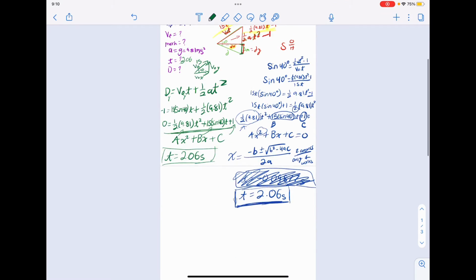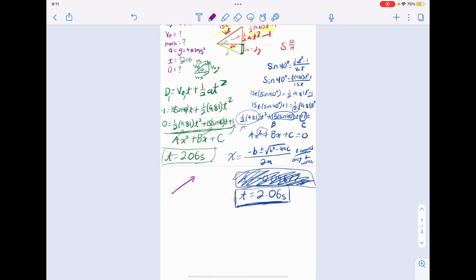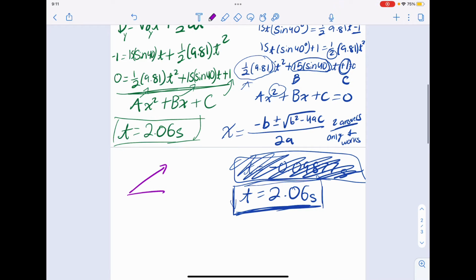So for our displacement in the x, using our triangle, I'm going to redraw it here. This was half at squared minus 1. This is v naught t. And then this was our displacement in the x.